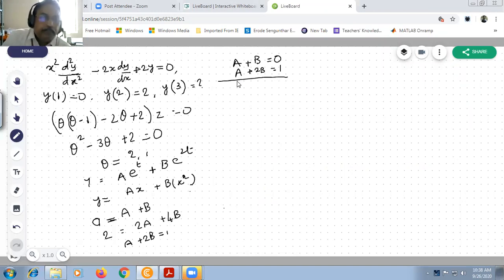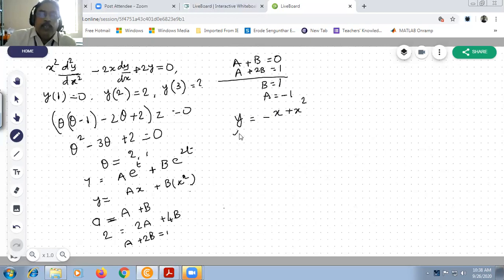Solving, you subtract: b is equal to 1, and a is equal to minus 1, since a plus b is equal to 0. So y is equal to minus x plus x square.